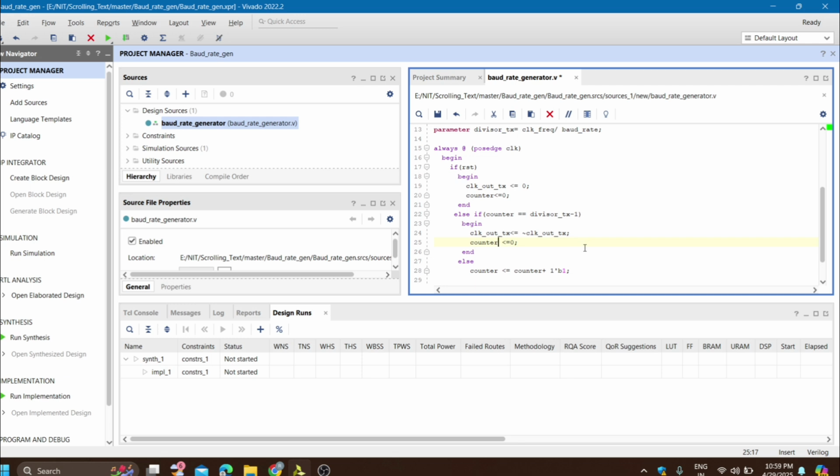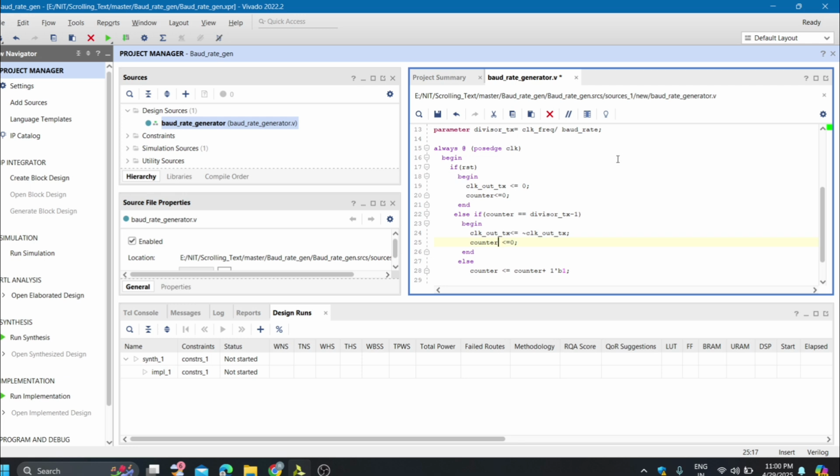So what is happening here? For up to 10,000 clocks, that clock out TX will remain the same. And after that, at around 10,400 minus 1, at that time the clock out changes.